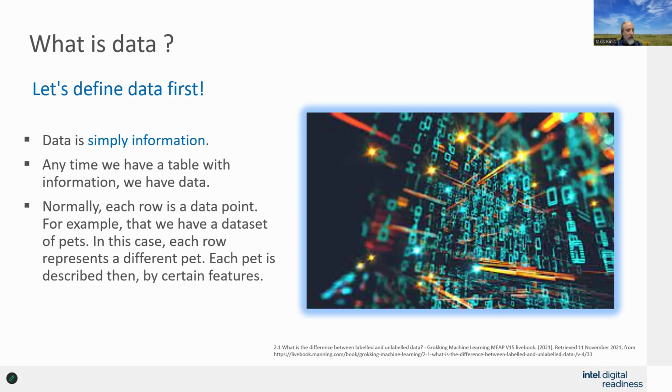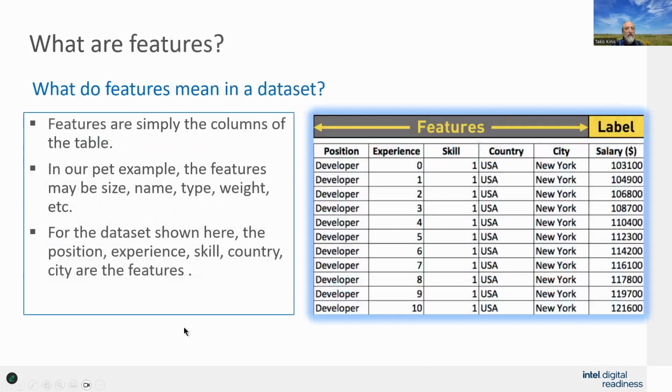And then the columns within that table would be based on the different features of the pet, what species it is, what's its name, when's its birth date, what are its characteristics, height, weight, size, whatever, those types of things.